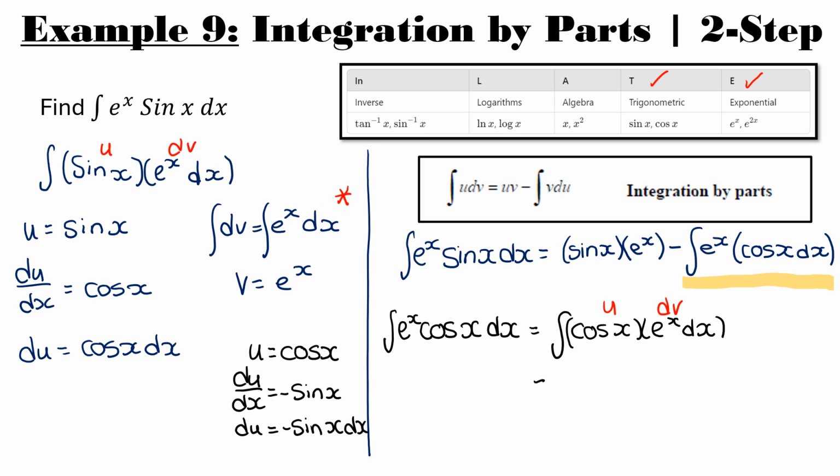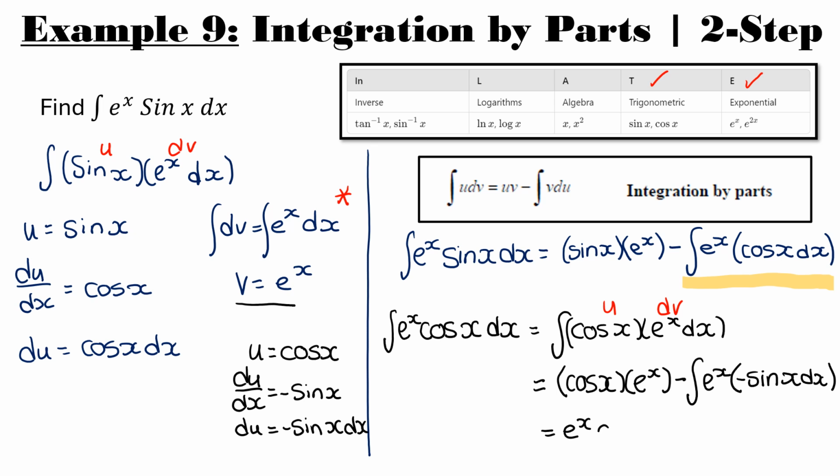So then if we were to plug this into the integration by parts formula, we have u times v, which I'm using from here because it's exactly the same, minus the integral of v, e to the power of x, du, which in this case is minus sine x dx. Okay, so if I tidy that up a little bit, I get e to the power of x cos x, and I have two minuses, so that actually makes a plus the integral of e to the power of x sine x dx.